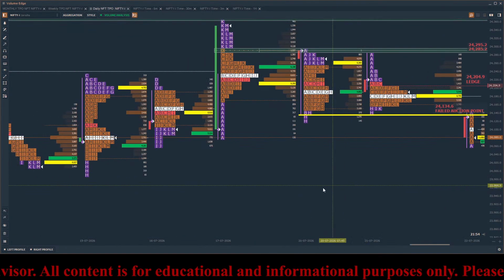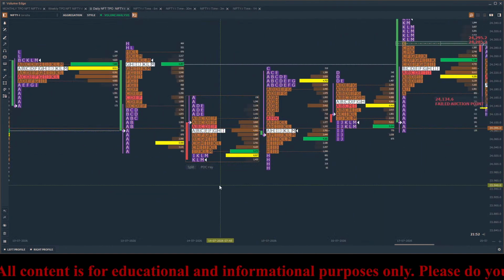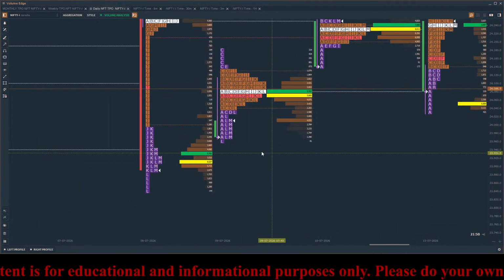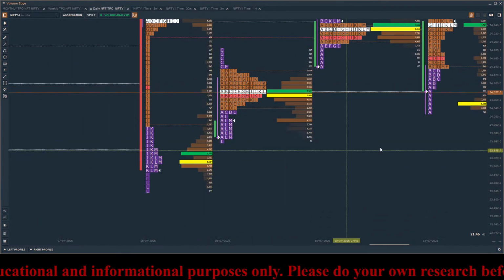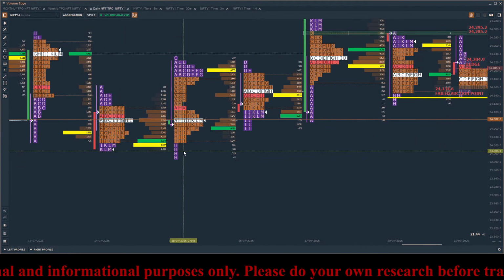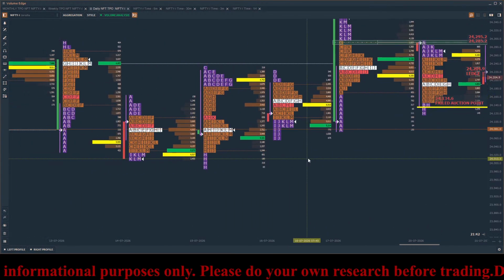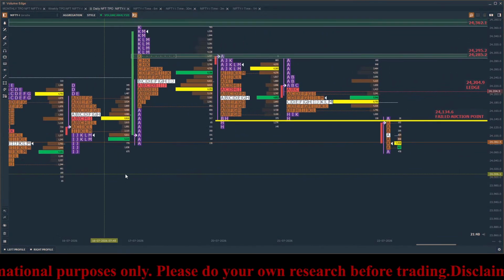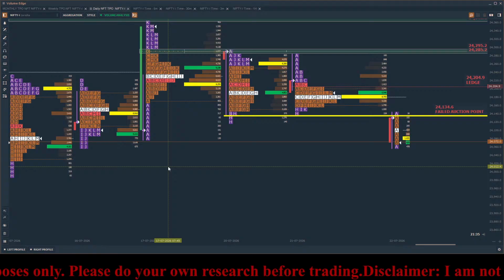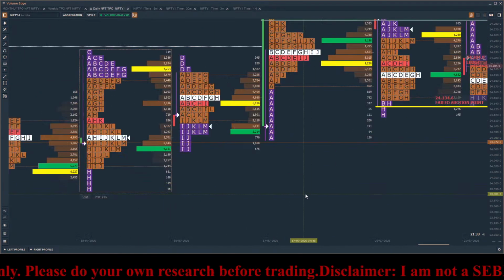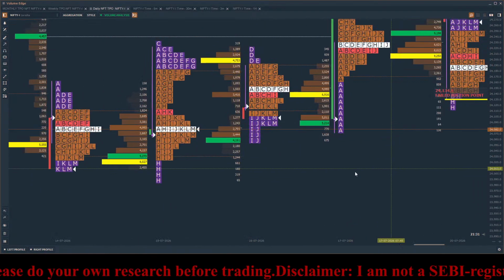We will trade relaxed because we don't have any references on the downside. For the downside references, I could see only this location and this location, these two locations, because I think these locations have already come. These locations have not come, but this is the poor high, and it is already cleared also. So we will wait for some time because some low volumes are here.